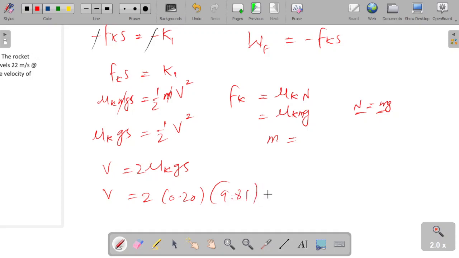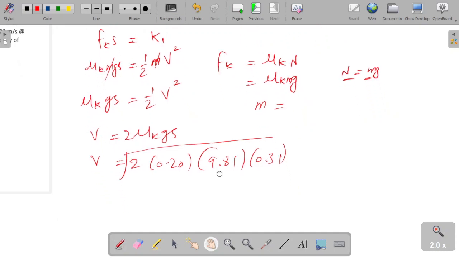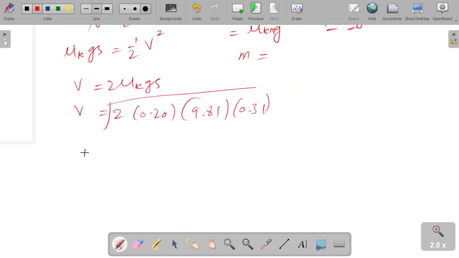And s was how much distance was covered? 0.31. Putting all these values, it will come out to be, actually I think it will become 1.10. The velocity will be in meters per second.